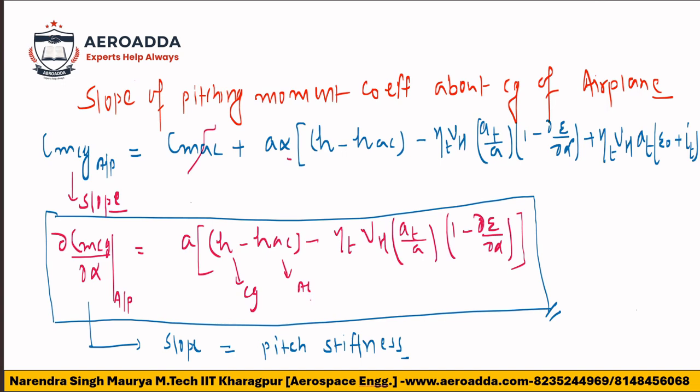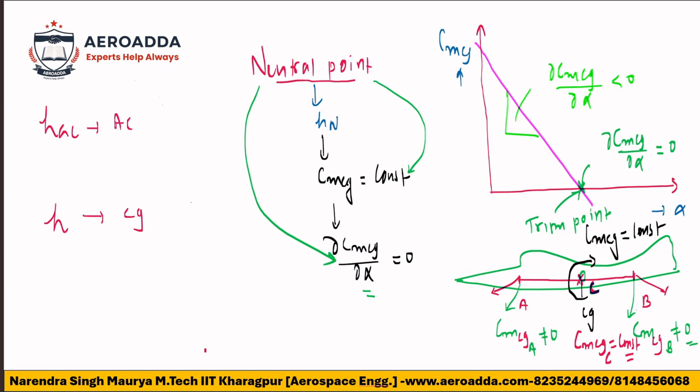So now I would say the value of H becomes HN when the neutral point is achieved. I hope it is very clear. If we are talking about the CG, then it is H. But this CG is changing from A to B. Somewhere it will achieve its neutral point, where the moment coefficient becomes constant.